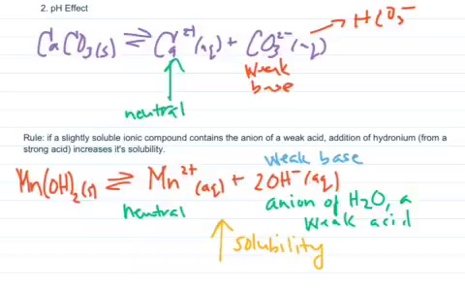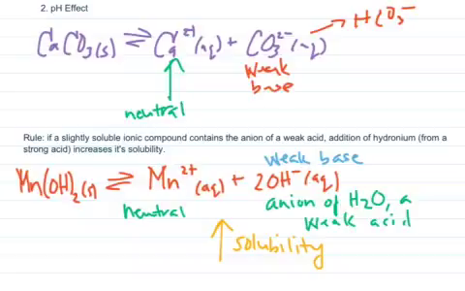So if we lower our pH, as in we add in more hydronium, our OH negative, our hydroxide, is going to decrease in value. That means the reaction shifts right. That causes our solubility to increase. So if you remember from our rules previously, when the ion concentration increases, the equilibrium shifts left, and the solubility decreases, or when the ions decrease, the equilibrium shifts right, and the solubility increases.